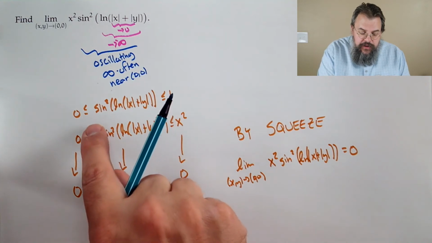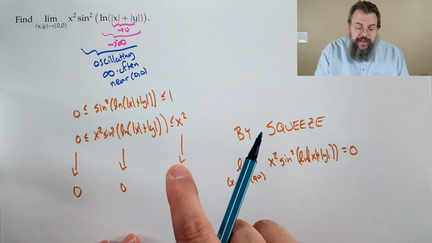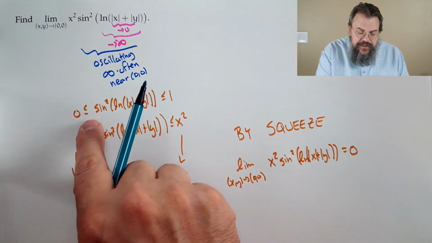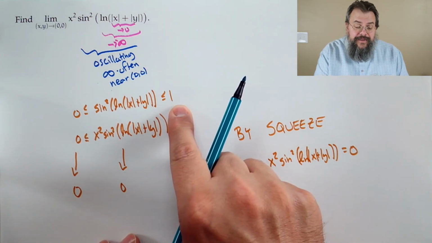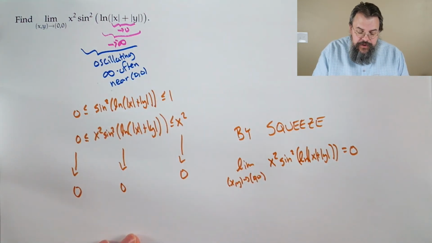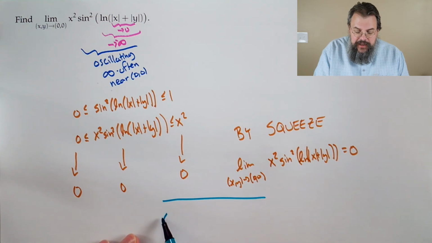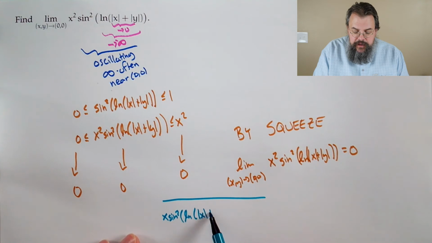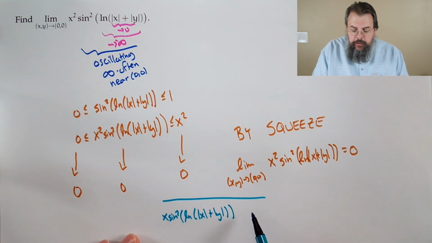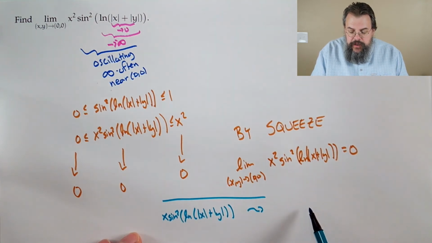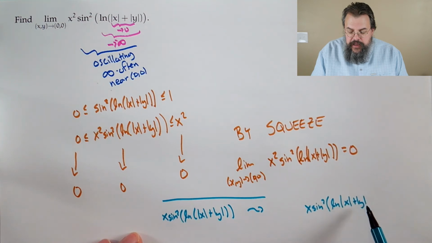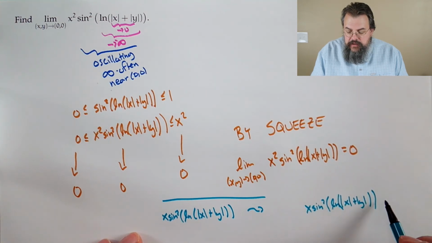Well, we could still start with this expression, and then we say, I can't, strictly speaking, multiply by x. But what would be true is if we had this expression, x sine squared log of absolute value of x plus absolute value of y, what we could conclude is that we can squeeze it in between two things, and namely you say pay attention to the sign, but just make sure you get the signs working.